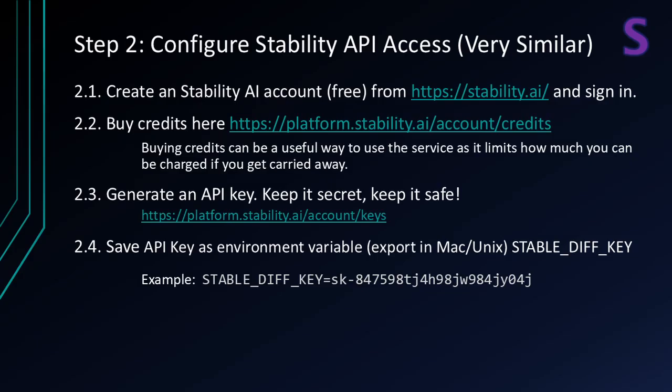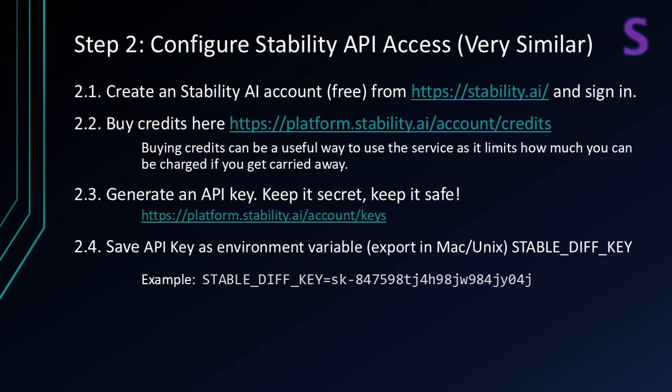Step 2 is to configure your Stability API access. Create a free account at stability.ai and sign in. Just like with OpenAI, you'll need to buy credits. And you'll generate an API key at platform.stability.ai/account/keys.